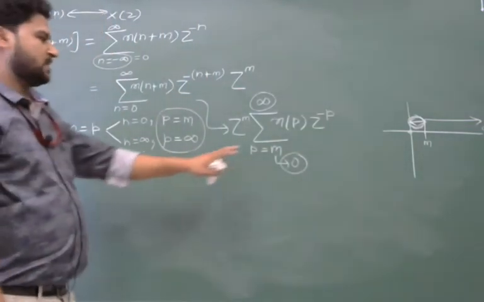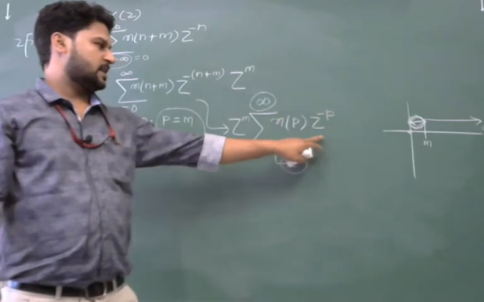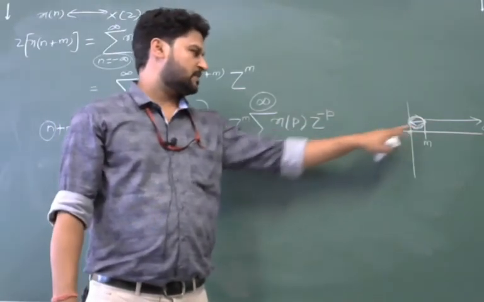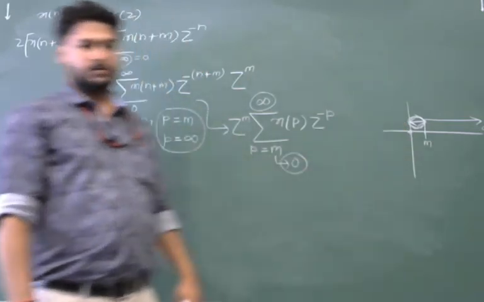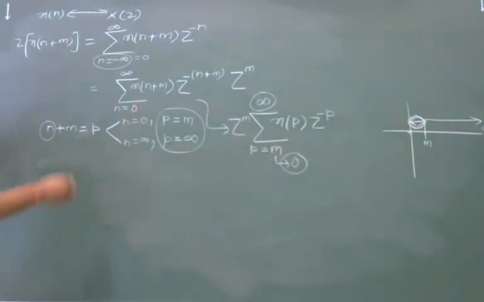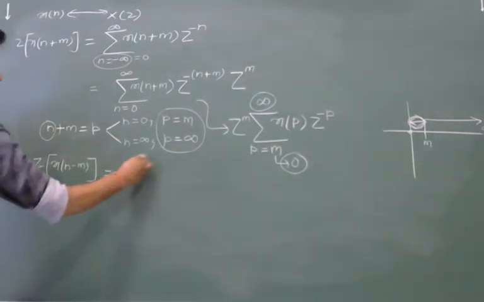For that purpose, we will add an extra term from 0 to m minus 1, and we will subtract this extra term from 0 to m minus 1. So the z transform of x of n minus m will be equal to sigma.